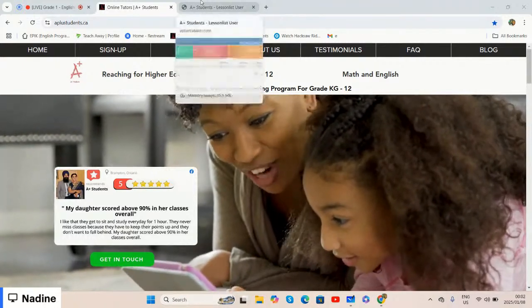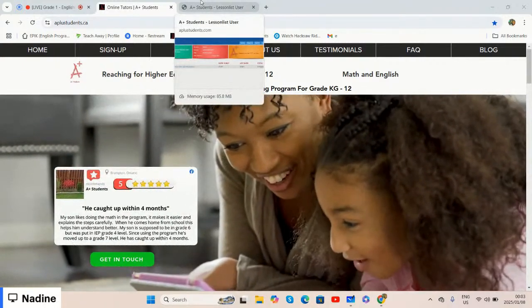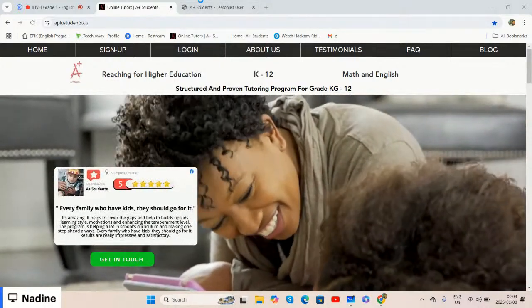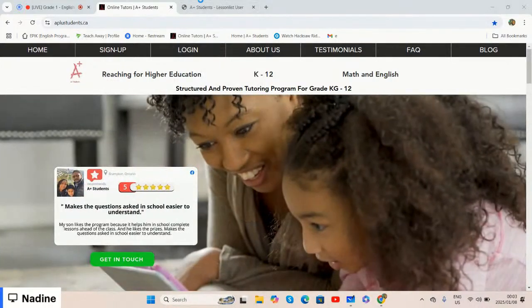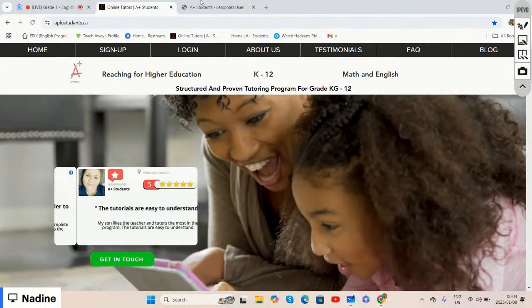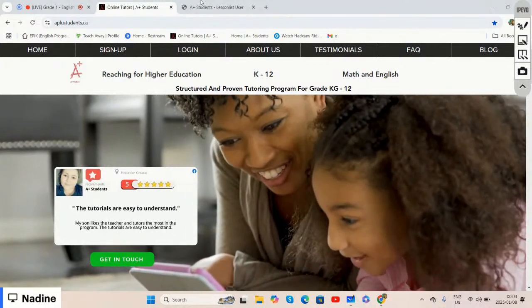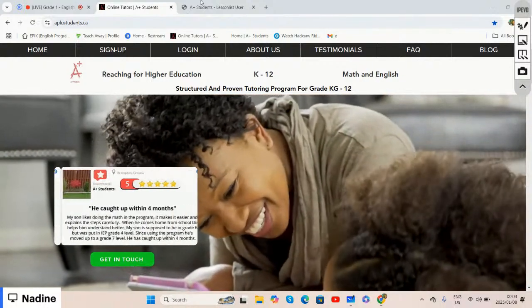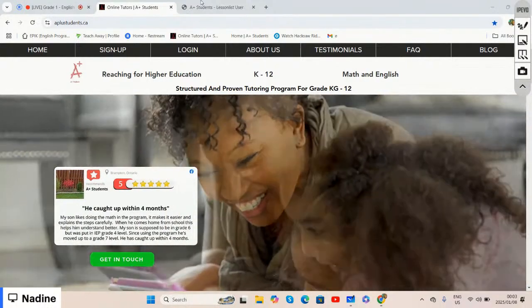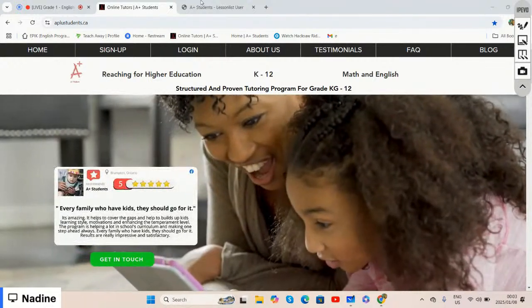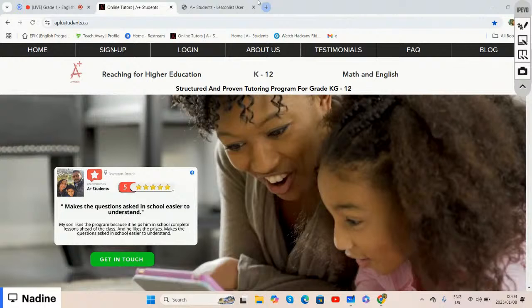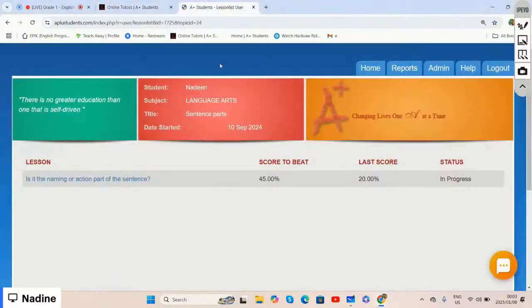Once you've logged on to aplusstudents.ca with our username as well as our password, we're going to select the subject of English language arts. We're doing grade 1. And then we're going to scroll down until we get to our chapter of sentence parts.